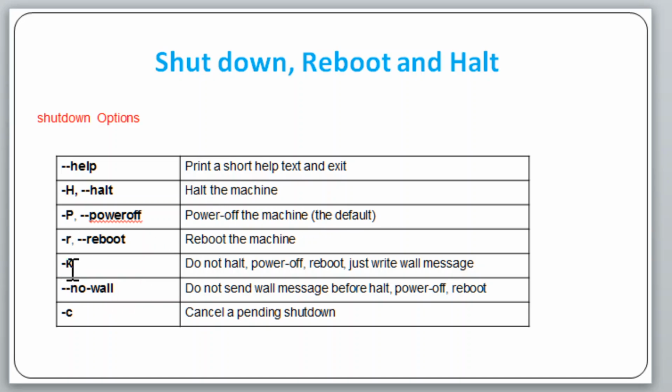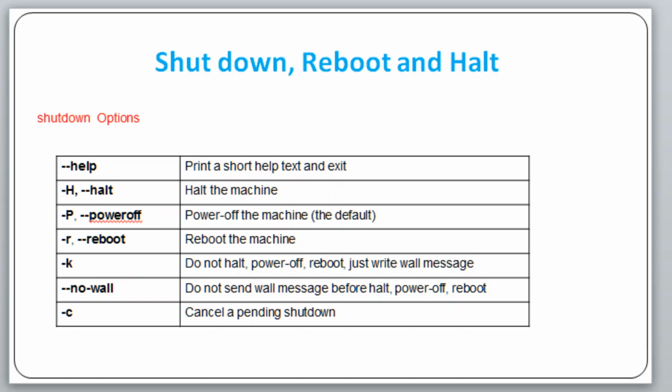And -k. This isn't going to halt, power off, or reboot the machine, but instead just write a wall message. And then we have --no-wall, which won't send a wall message before halt, power off, or reboot. And then we have -c, which will cancel a pending shutdown. So if you have it set up to shut down at a certain time, you can do a -c and it'll cancel that shutdown, okay?